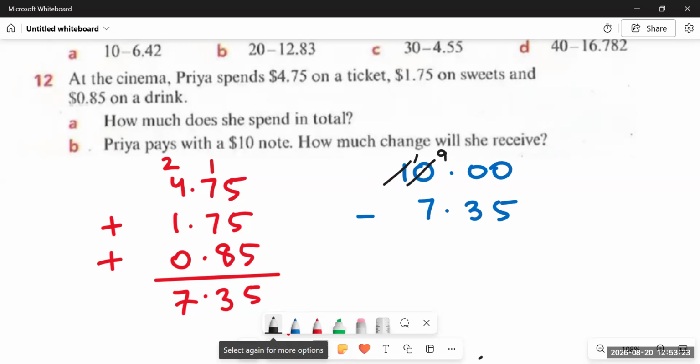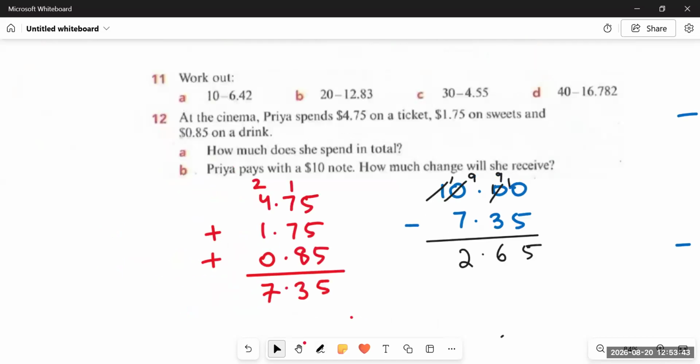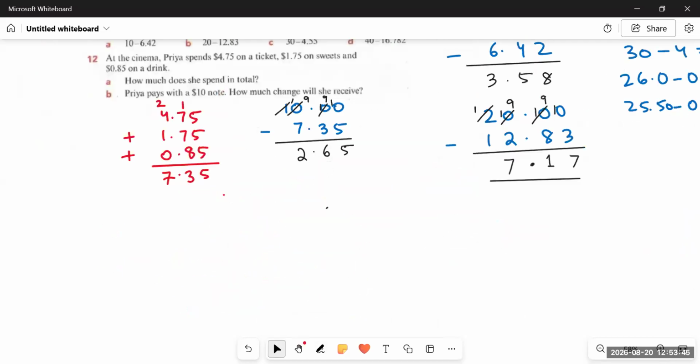Then this will become 9, this will become 9, this will become 10. 10 minus 5 is 5, 9 minus 3 is 6, 9 minus 7 is 2. And we will get 2.65, the final. So she'll receive a change of $2.65. Okay.